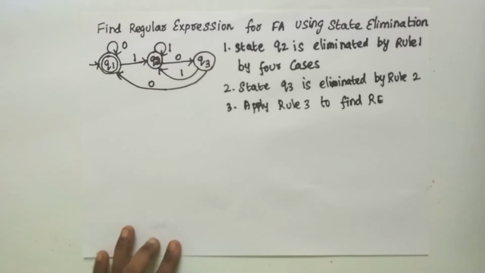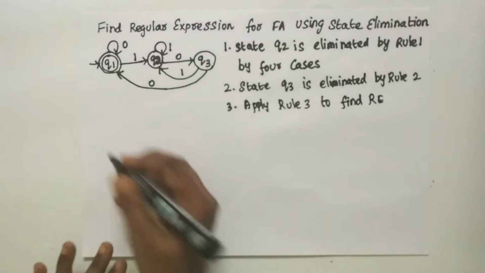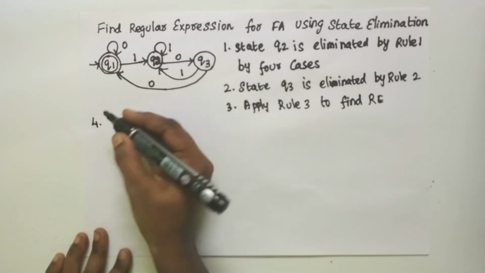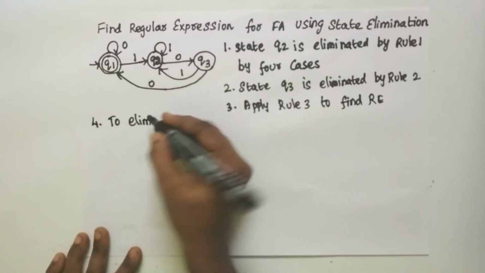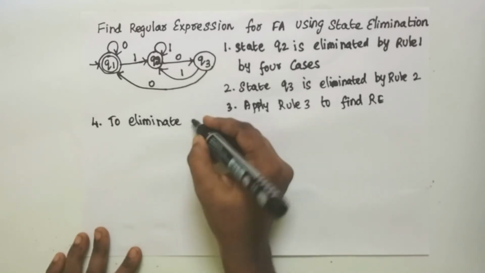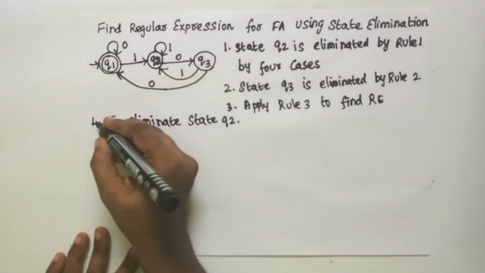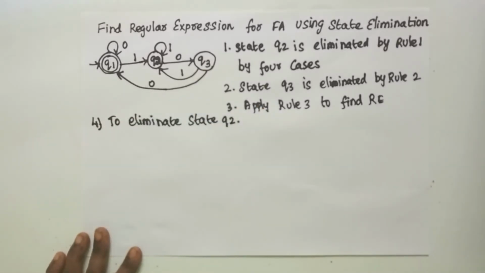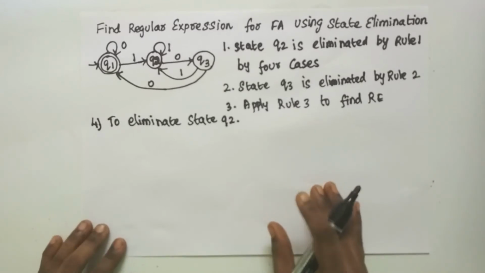Now let us see the regular expression for the first step, eliminating the state Q2. So here step number 4 is to eliminate state Q2. I am going to draw the automata where Q2 is at the bottom.